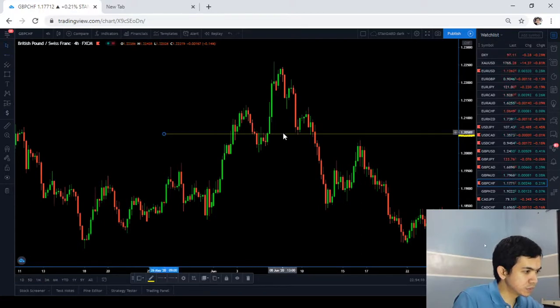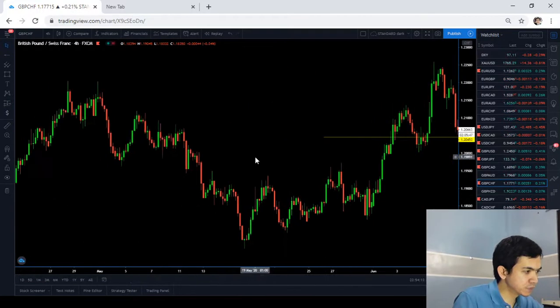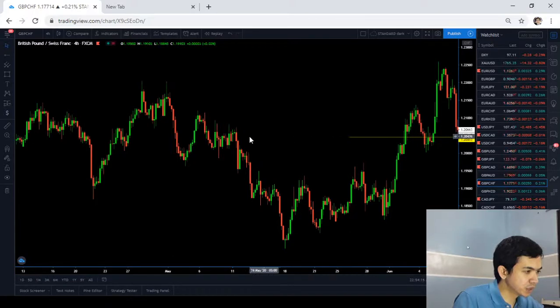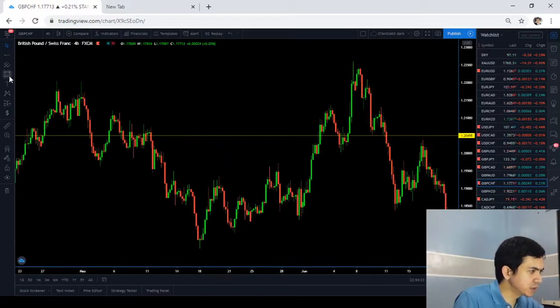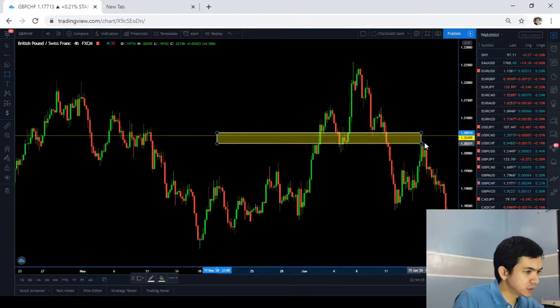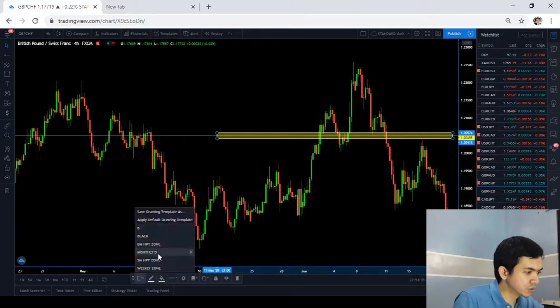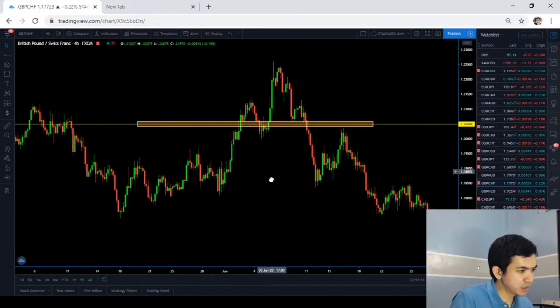Boom. Why is it significant? Price reacted to here. So, I will extend this several times. So, this is going to be my key significant level or zone, as a resistance.